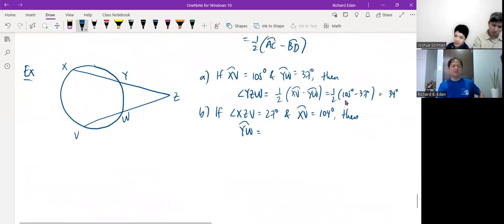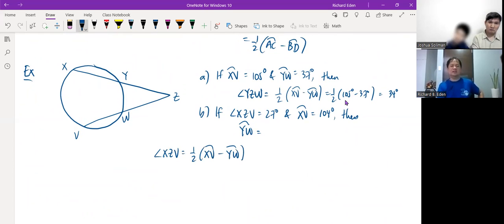Well, from the same equation, XZV is half of arc XV minus YW. XZV is 27 degrees, XV is given as 104 degrees, and we are looking for the measure of arc YW. So this is going to be straightforward. 27 times 2 is 54. 104 minus 54 is 50 degrees.